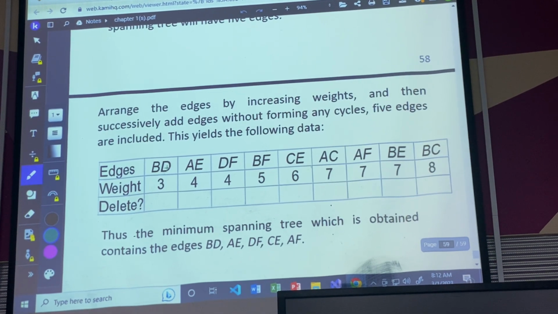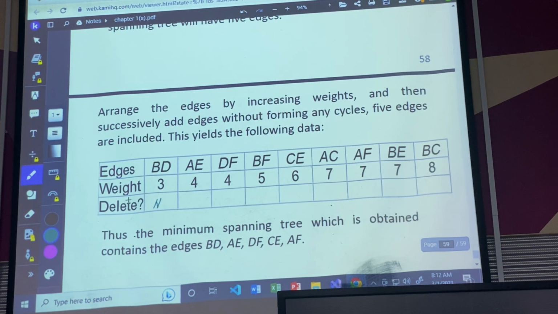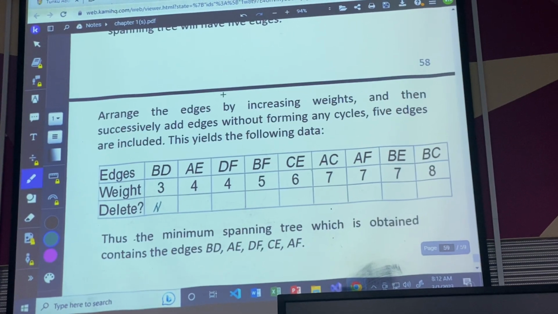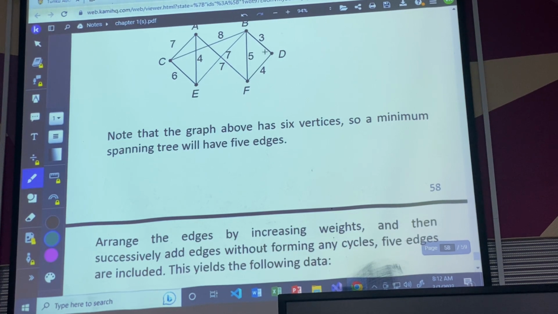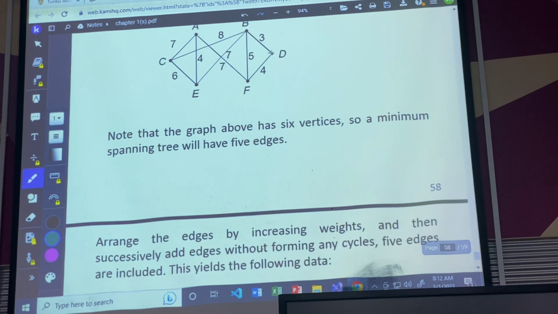So for this weight 3, of course, this is the minimum. Of course, we will not delete the BD, right? So you can put N to represent no, and Y will represent yes. Then after we choose the BD, meaning that in the spanning tree we will have one path here already, which is B to D.